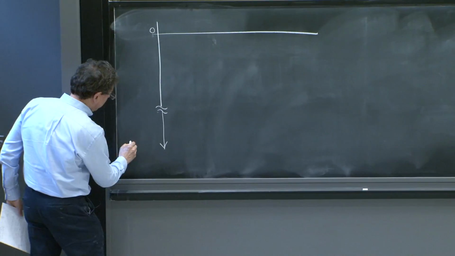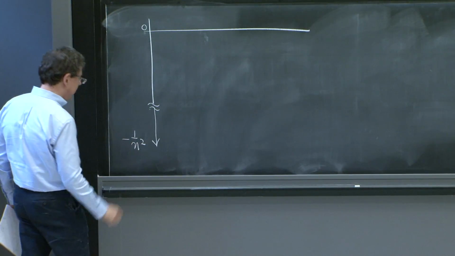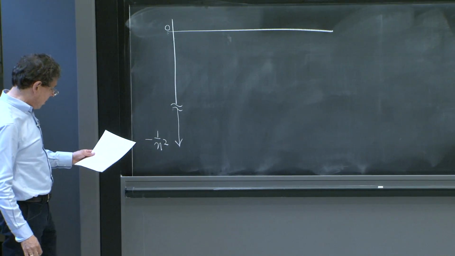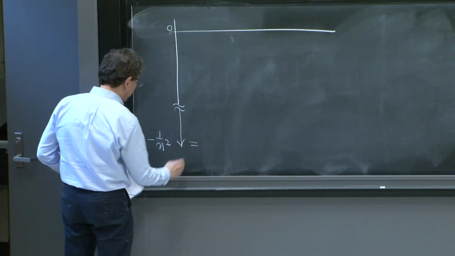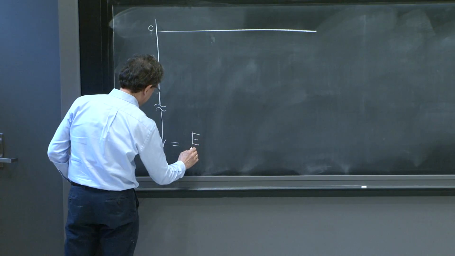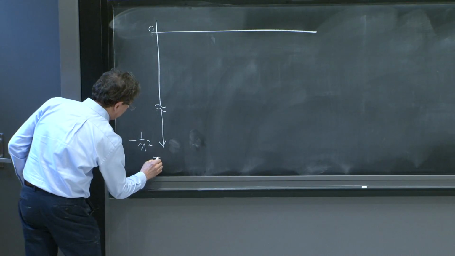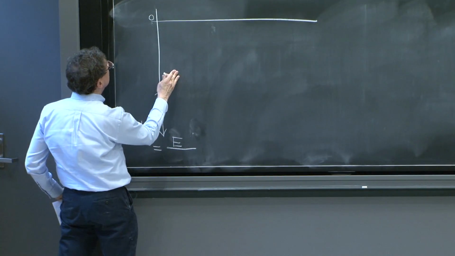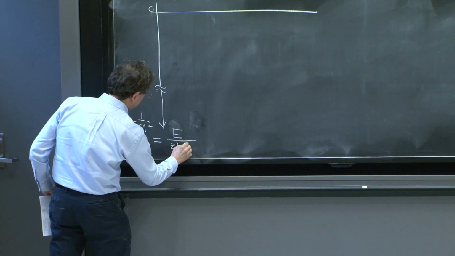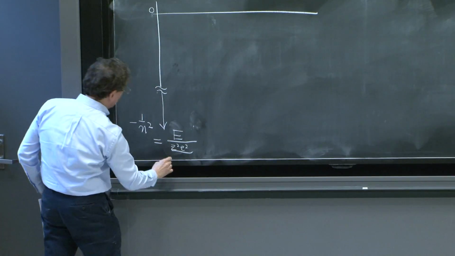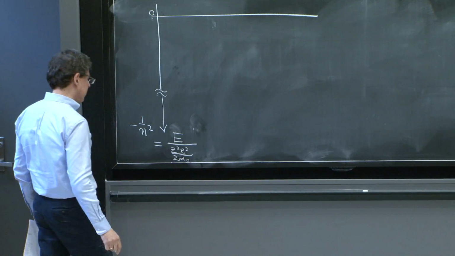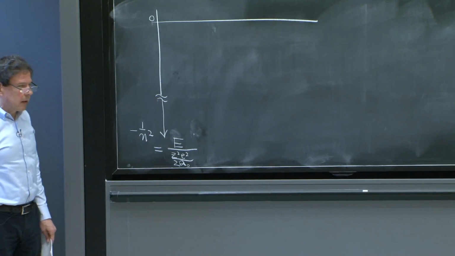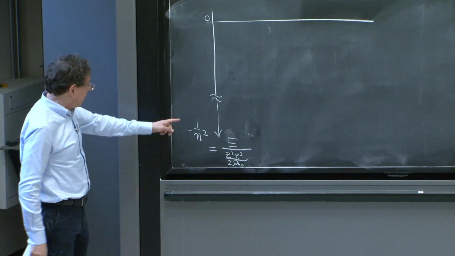What we put is minus 1 over n squared, where n is the principal quantum number, because this ratio is equal to the energy divided by the dimensionless quantity z squared e squared over 2a naught. So the levels go like 1 over n squared.